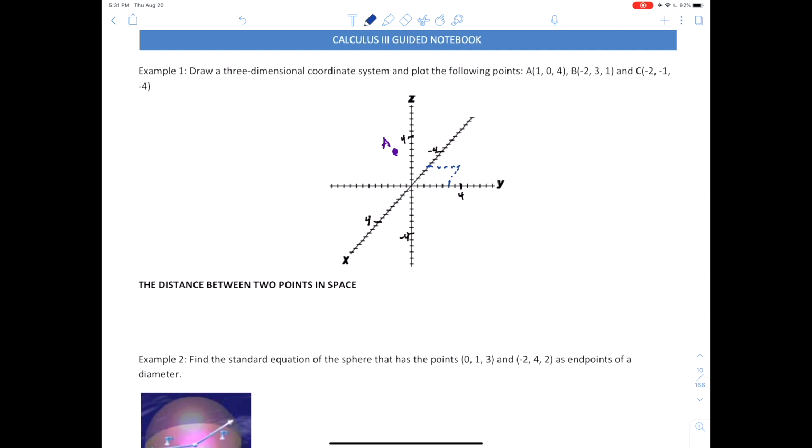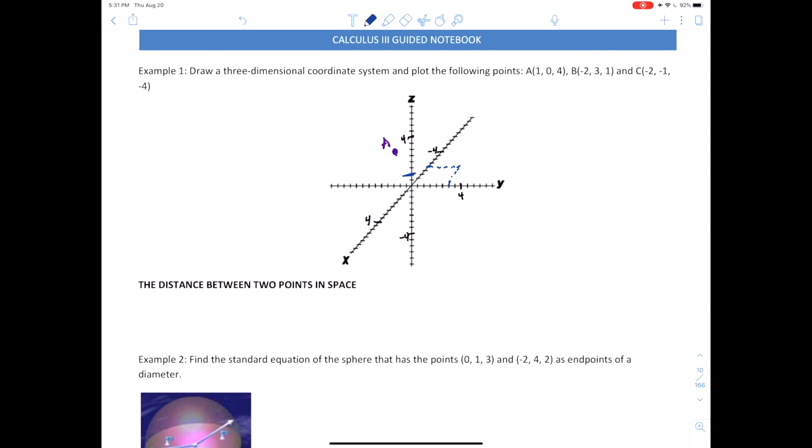And now what we have to do is go parallel to the y and the z axis, and the z is at 1. And so here's our 1 right here for z, right?